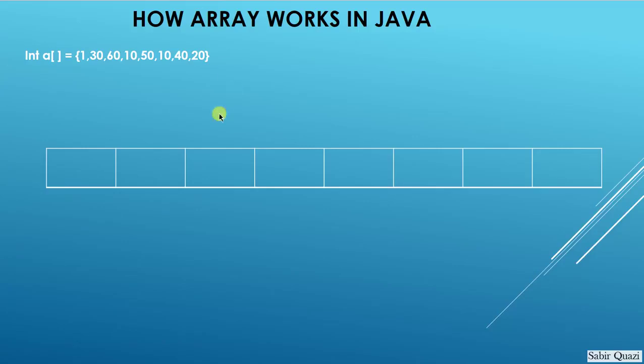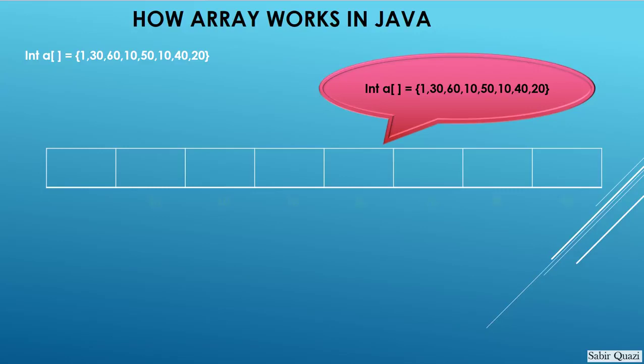As you can see in this picture, an array creates a contiguous memory space for all values and creates a separate block for every value it stores. Now the array has created a space in memory and stored these values in separate blocks, and it stores values of the same data type. In this case, we are storing integer type values in array A.